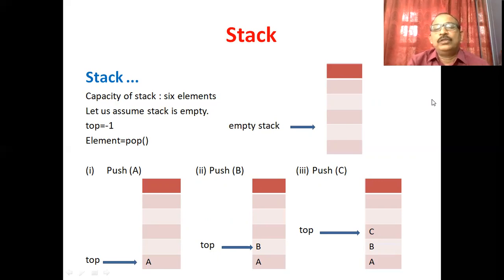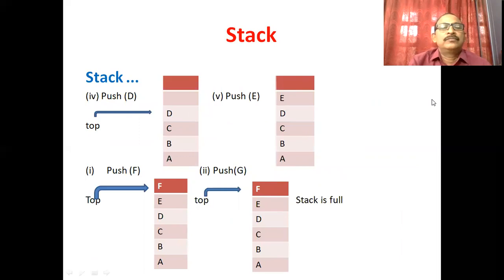Now we are going to add another element onto the stack, push C. So we add element C on the top of the stack. Now you can see the index top pointing to the top element C, and now B becomes second from the top, and A becomes third from the top.